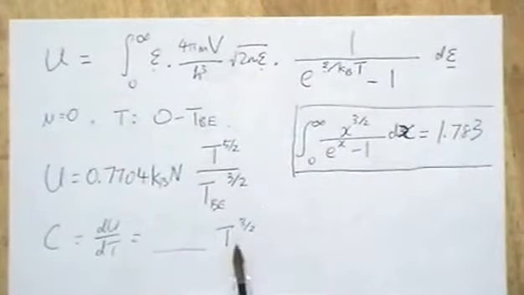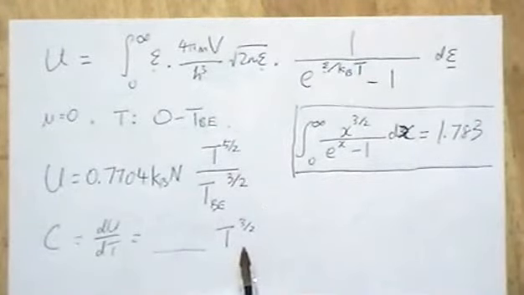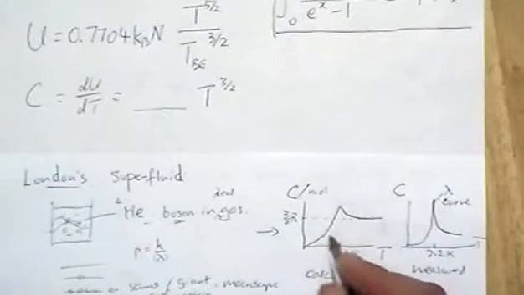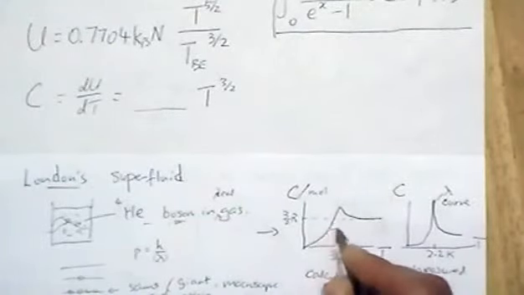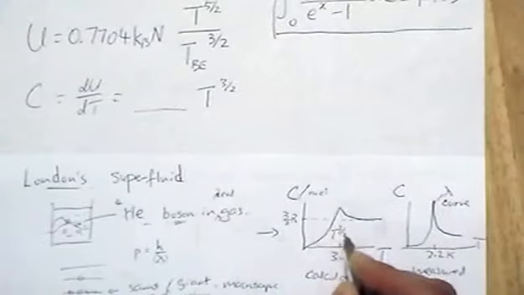It's a slight curve in between a parabola and a straight line. And when you plot that, that's what this is. This curve here that London used. So this curve is the T to the power of 3/2 curve, and it is plotted all the way until this value at 3.1.